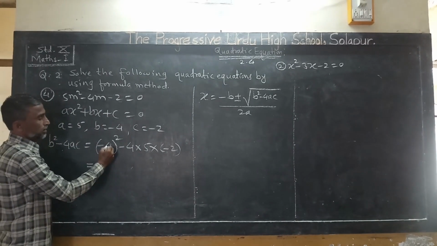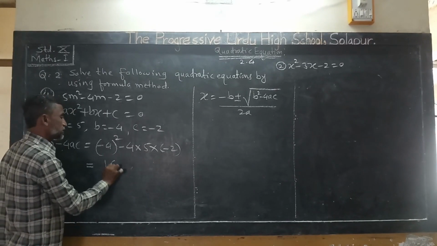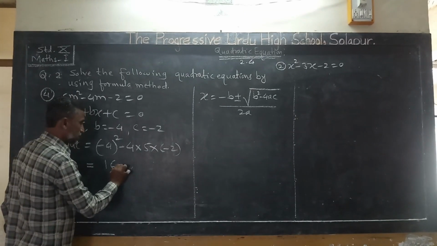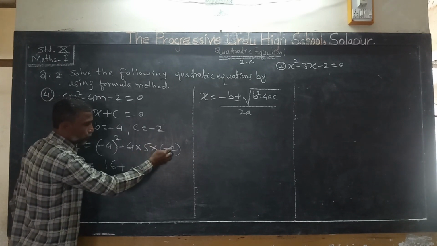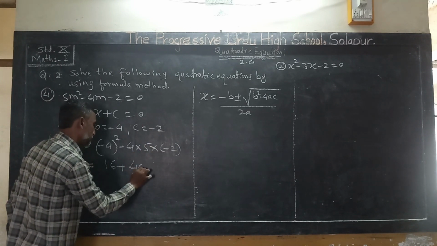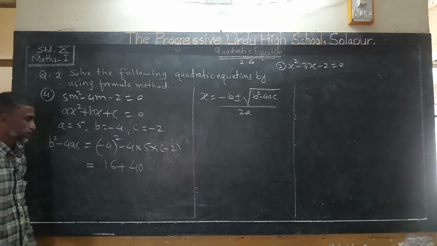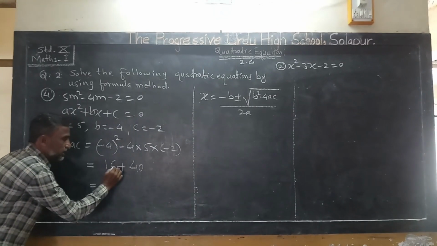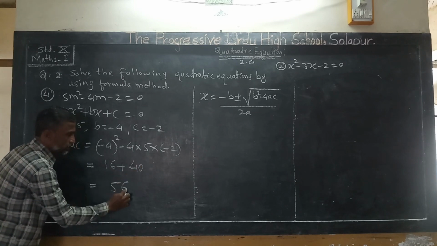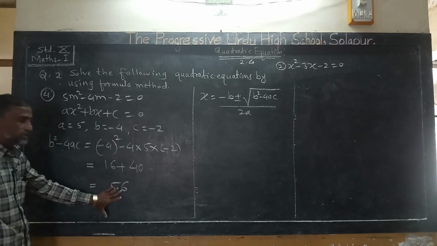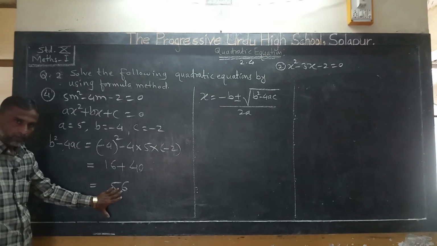Now calculate: minus 4 bracket square is 16, plus, minus into minus plus, 4 5s are 20, 20 2s are 40, is equal to 16 plus 40, 56. This is the value of b square minus 4ac.